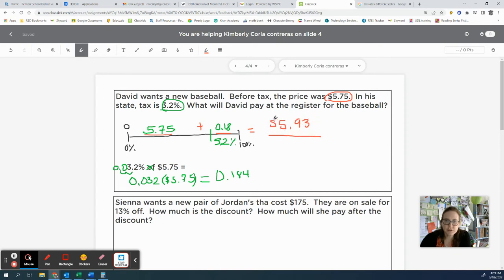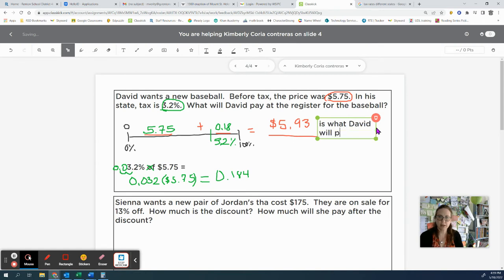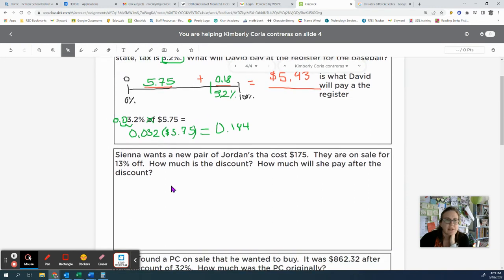So $5.93 is what David will pay at the register. Okay, next one.